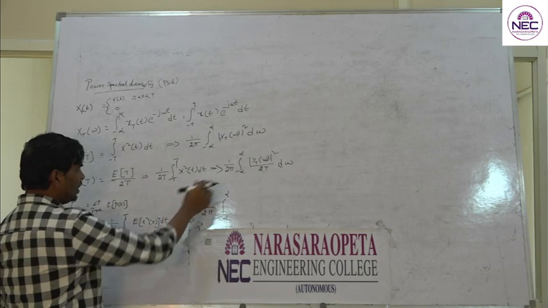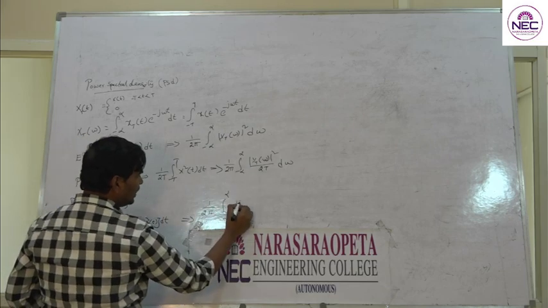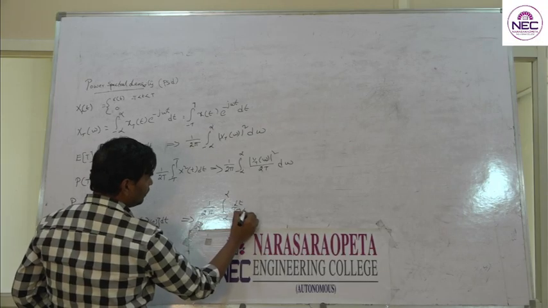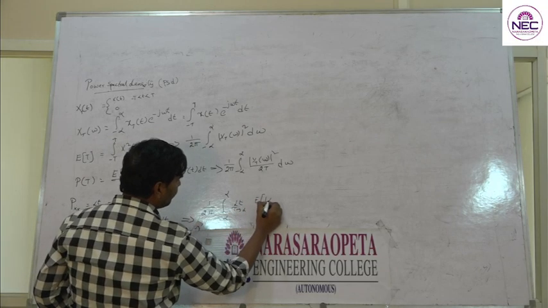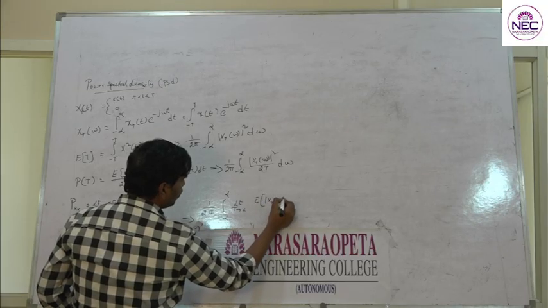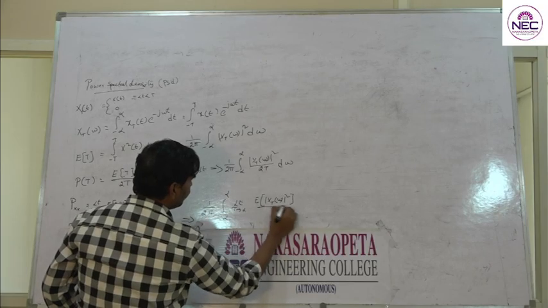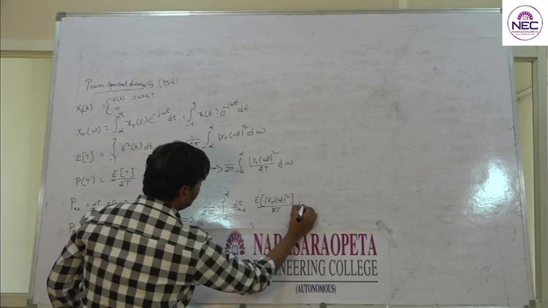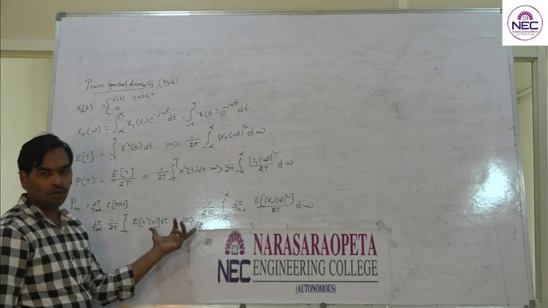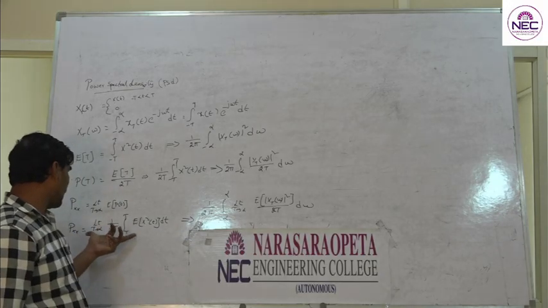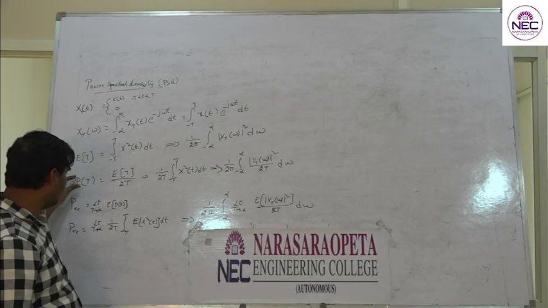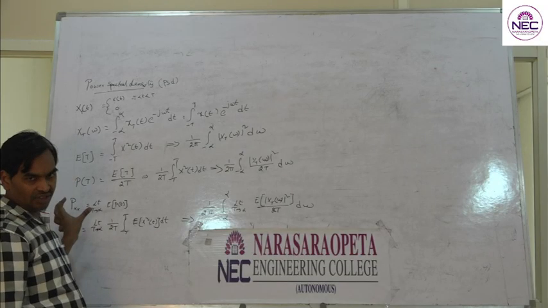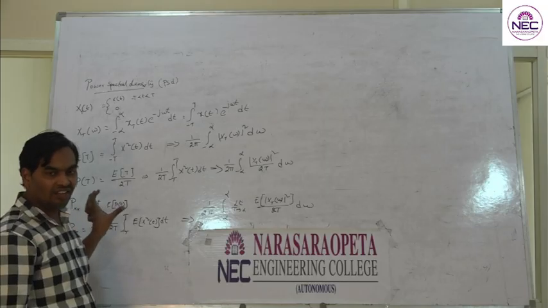Here I am adding limit t tends to infinity, expected value of magnitude of X_T of omega whole square by 2t into d omega. Okay, so this is the overall average power signal. This is the power signal and this is the average power signal, and we need to find the average power.